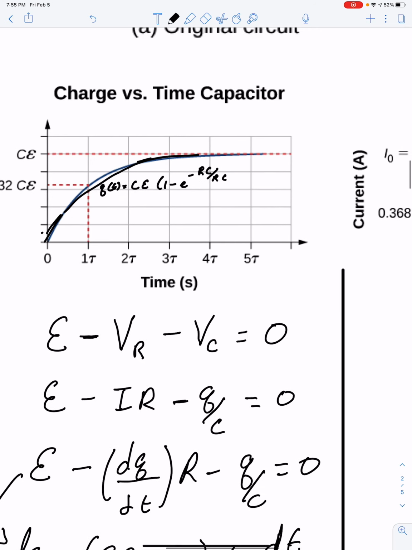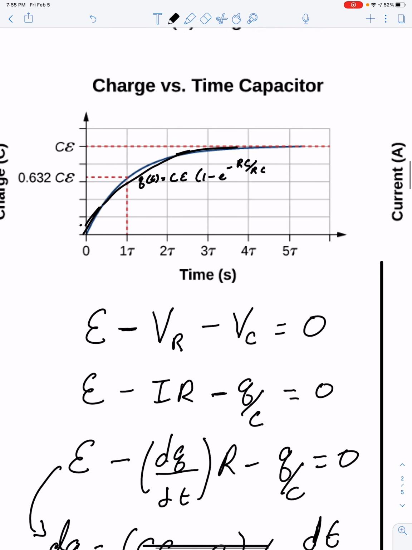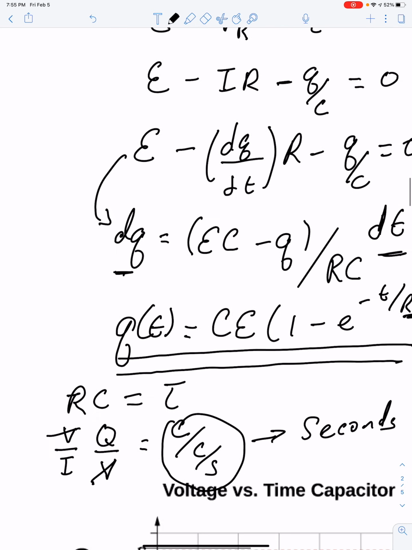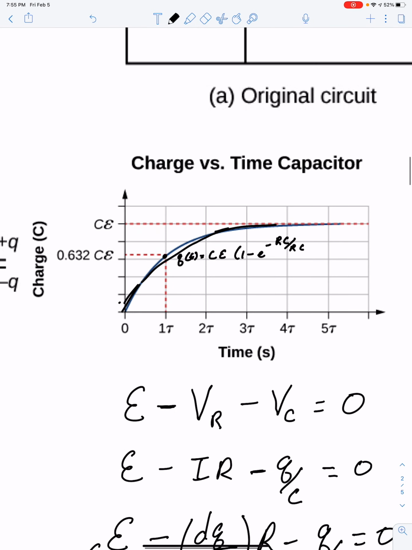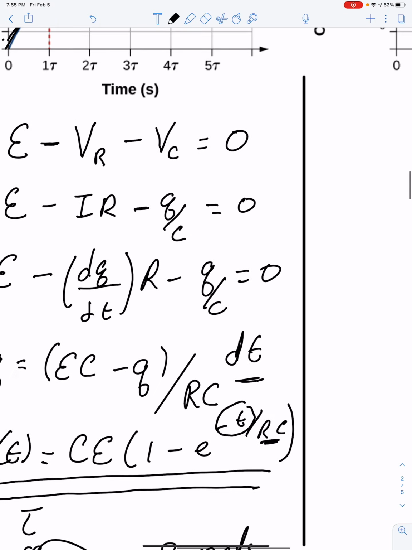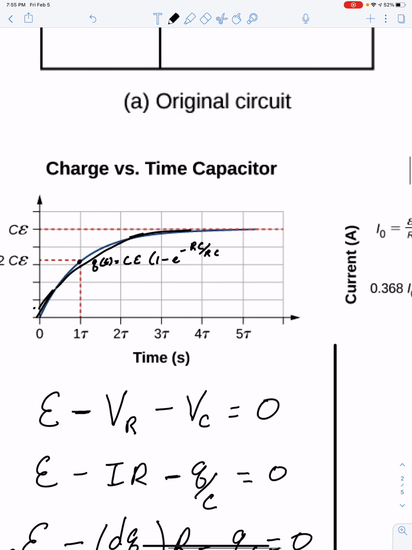And the reason why I do that is because I'm showing you that at this point right here, once we get to that constant in the charging of the capacitor, the time at the top will be equivalent to RC at the bottom.